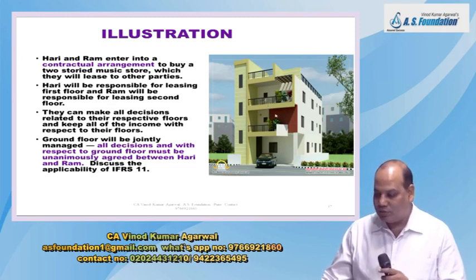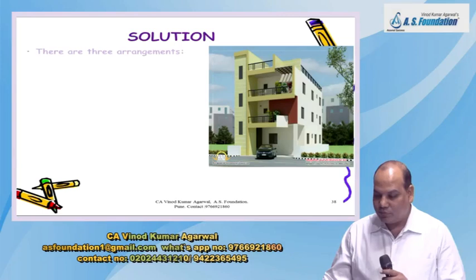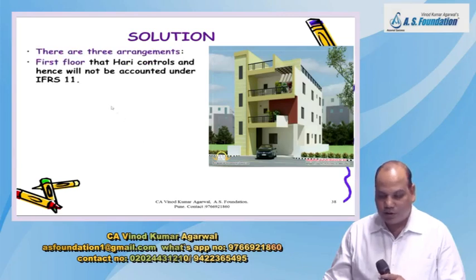No, because they don't require the decision support of other parties for any decisions relating to first and second floor. But the ground floor will be jointly managed. All decisions with respect to the ground floor must be unanimously agreed between Hari and Ram. Discuss the applicability of IFRS 11. So for such a question, bonus mark.